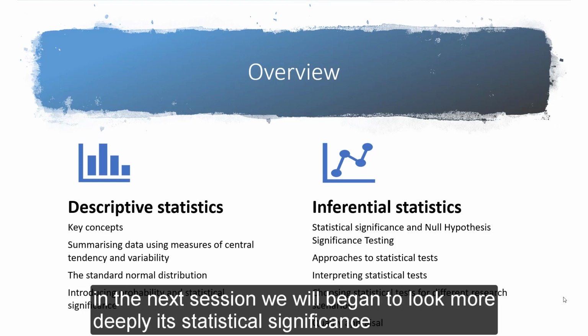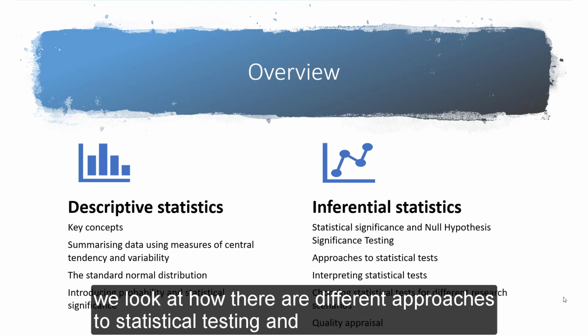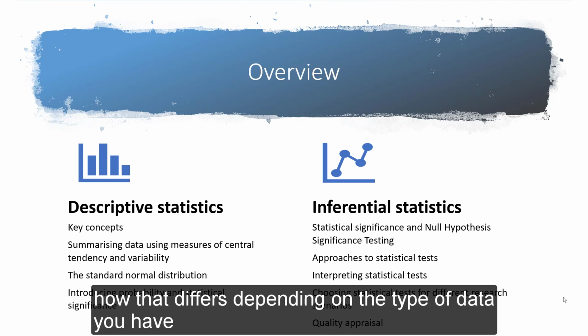In part two, we're going to look more deeply at statistical significance and something called the null hypothesis significance testing paradigm. We'll look at how there are different approaches to statistical testing and how that differs depending on the type of data you have.